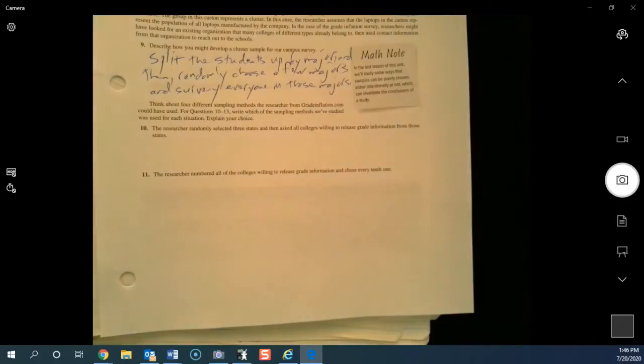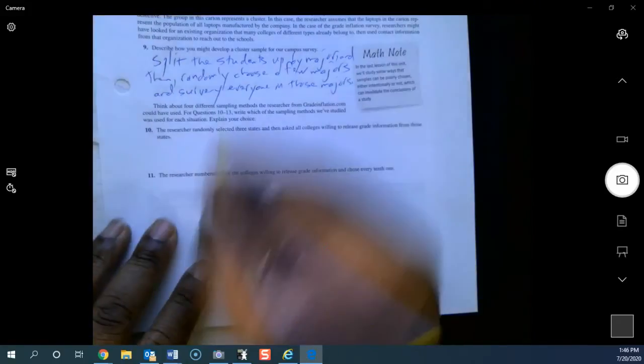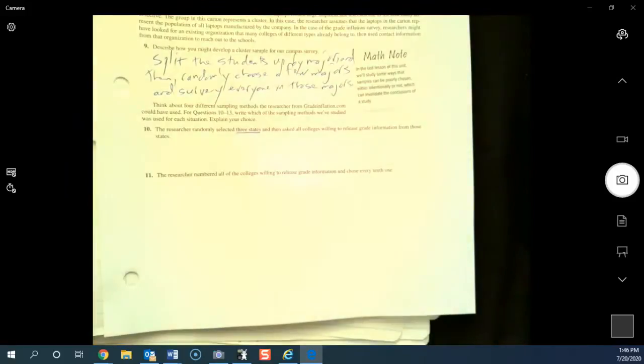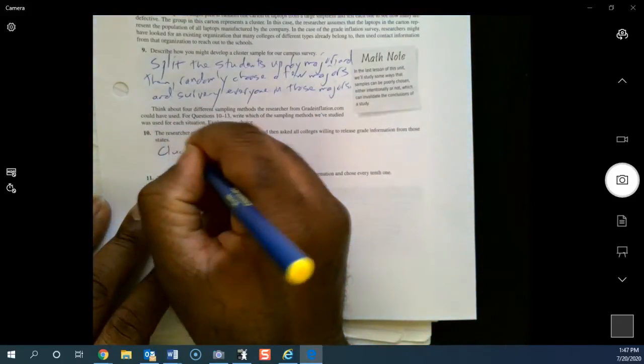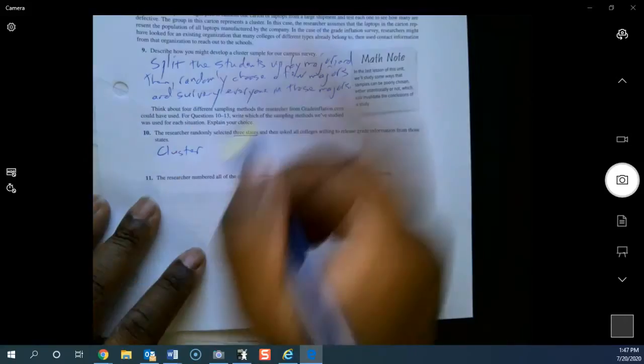Okay. For number 10, the researcher randomly selected 3 states and then asked all colleges willing to release grade information from those states. Now, of course, they said 3 states. We have 50 states. So that would be a cluster. There's 3 states.